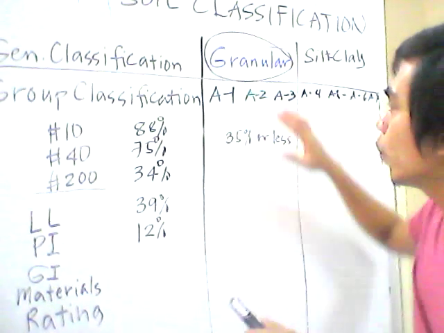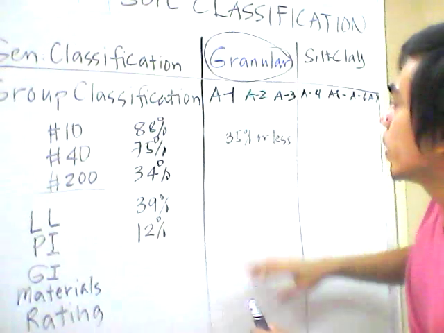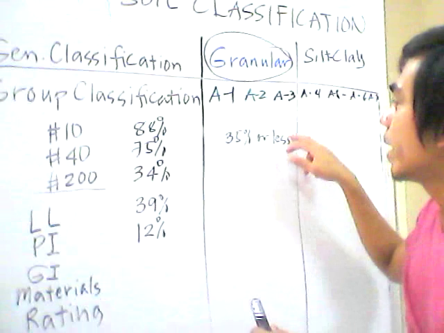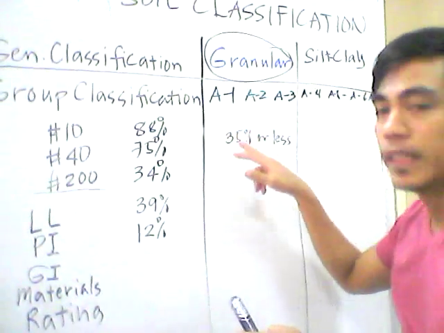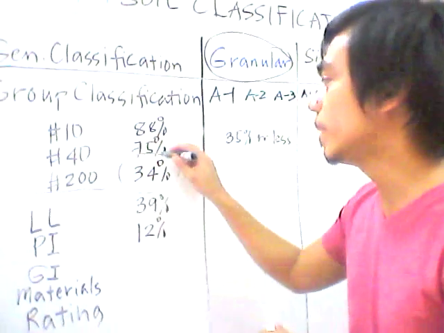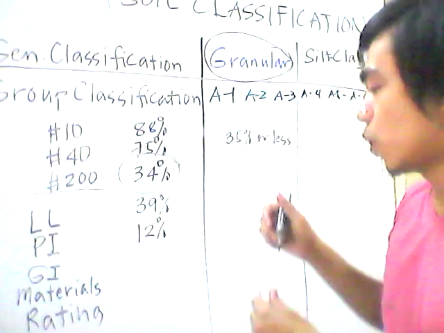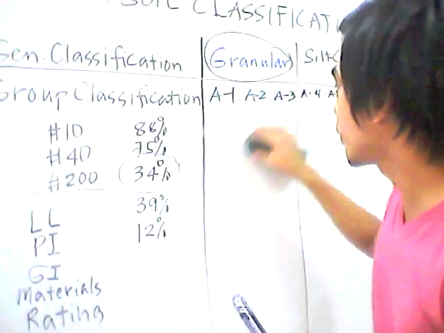That means we are going to focus our attention on this granular column, because granular requires the number 200 percent passing as 35% or less. Since we have 34% here, we focus our attention on this granular column.